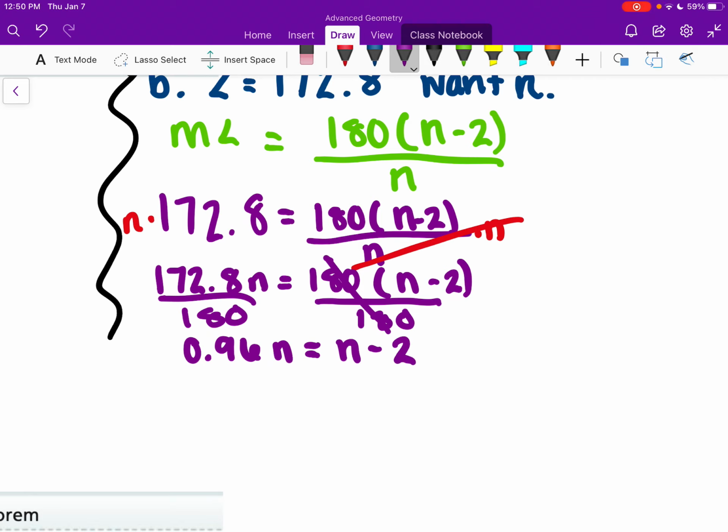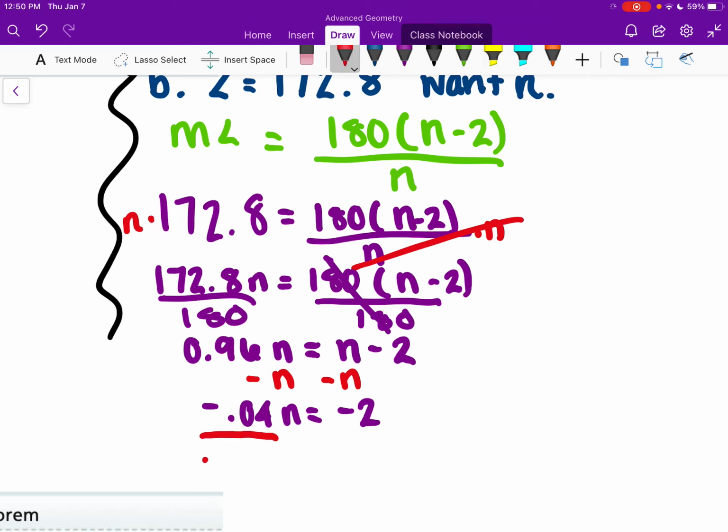Okay, so let's combine our like terms and subtract n from both sides, which is 1. So that is 0.96 minus 1 is negative 0.04 n equals negative 2. Don't be confused by these decimals and these negatives. Just keep solving like you know how to.